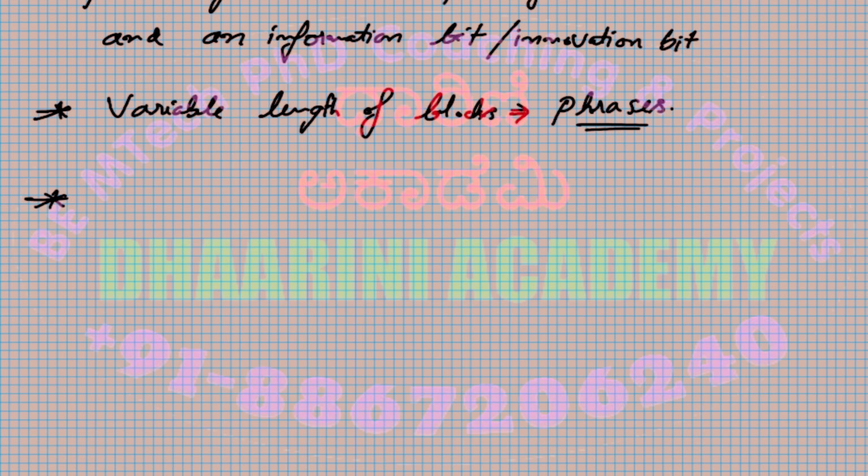Now I have the variable length blocks, or you call them phrases. What you do in the next step is store these phrases in a dictionary. So I have to create a dictionary. This is the next step. The upcoming step after splitting the given data into several blocks is that I'm going to store the phrases in the dictionary.